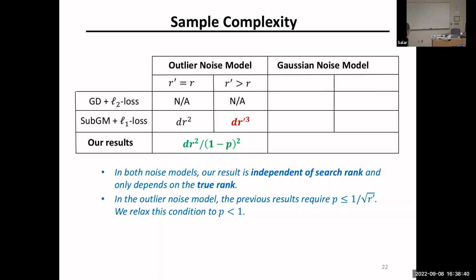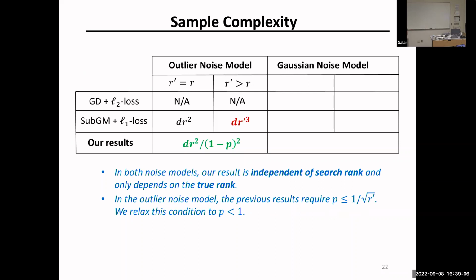The other thing I want to mention is that the existing results all rely on either the global benign landscape or to some extent local benign landscape. Because of that, they have very restrictive upper bounds on the corruption probability. For example, they assume that P is upper bounded by 1 over square root of R prime. R prime is the search rank or the upper bound for the rank.